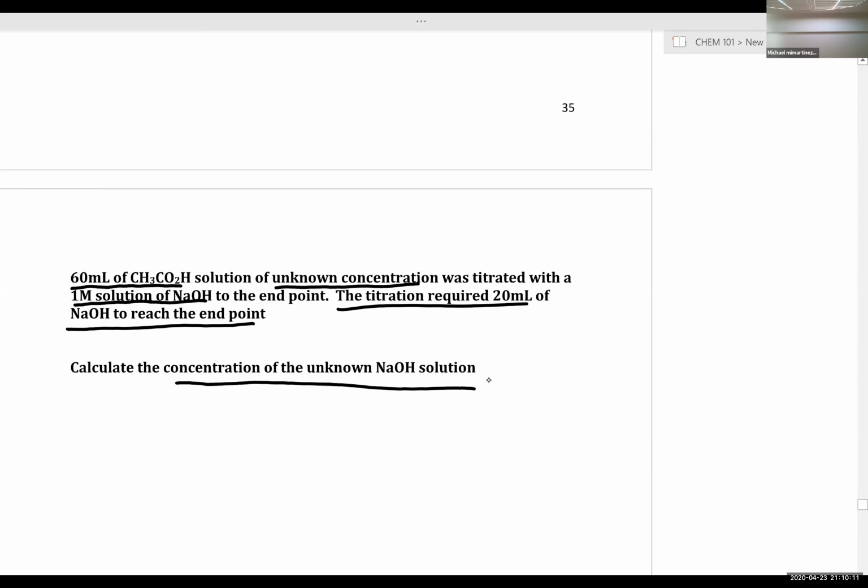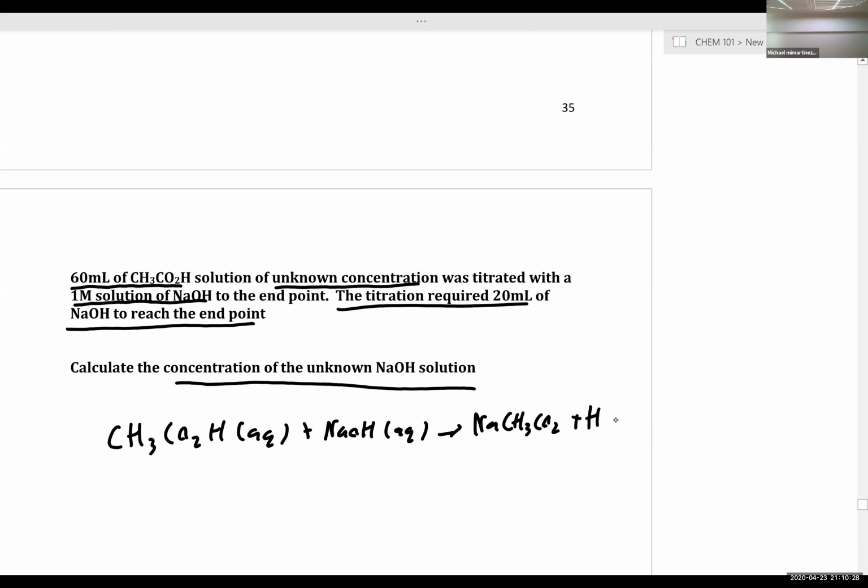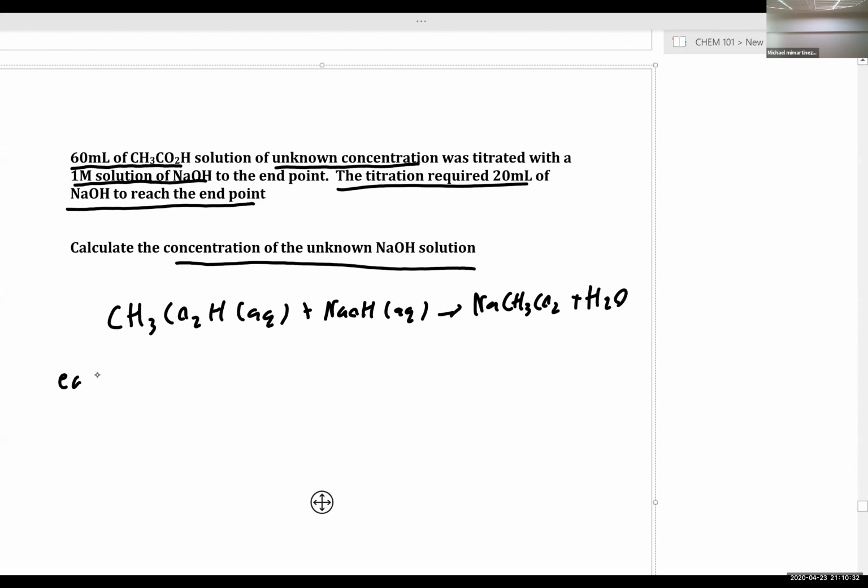Okay, so fundamentally, let's write our equation out. At the equivalence point, we're going to use our same equation.